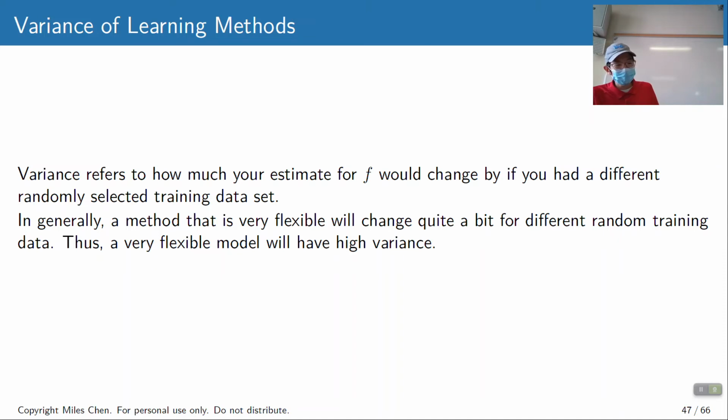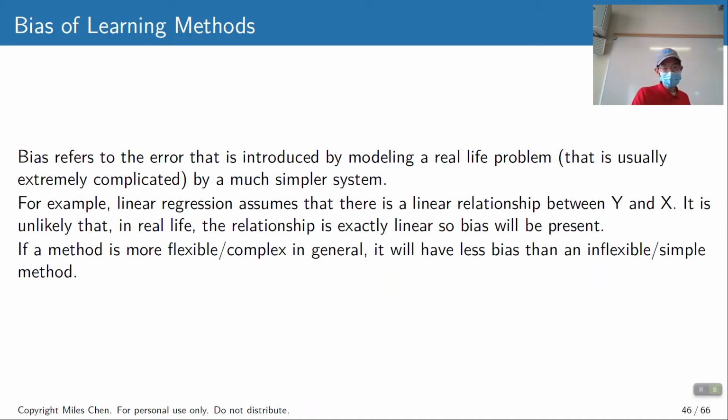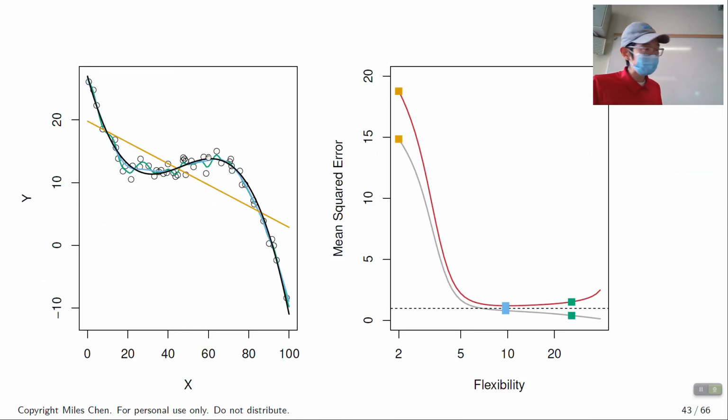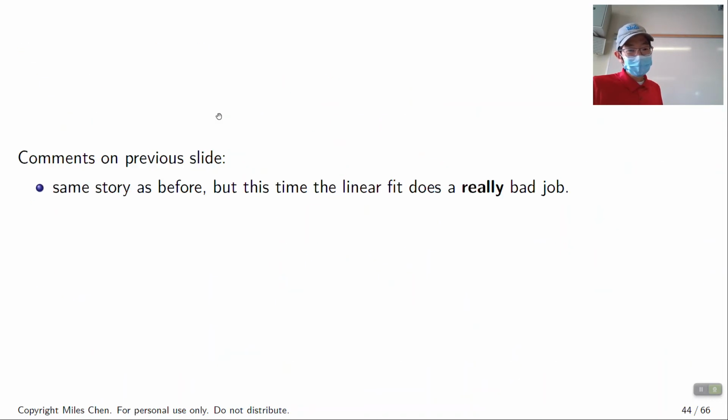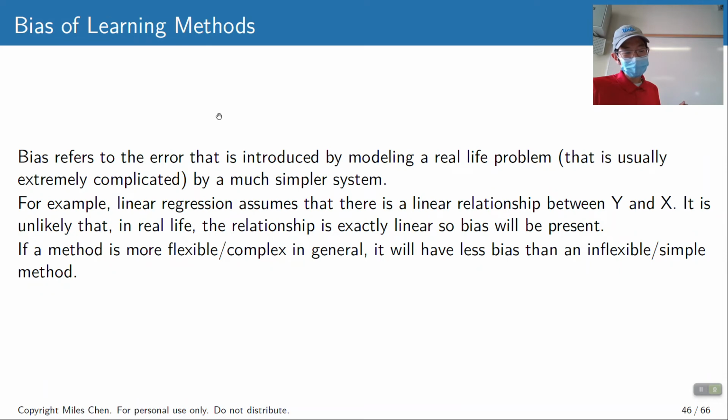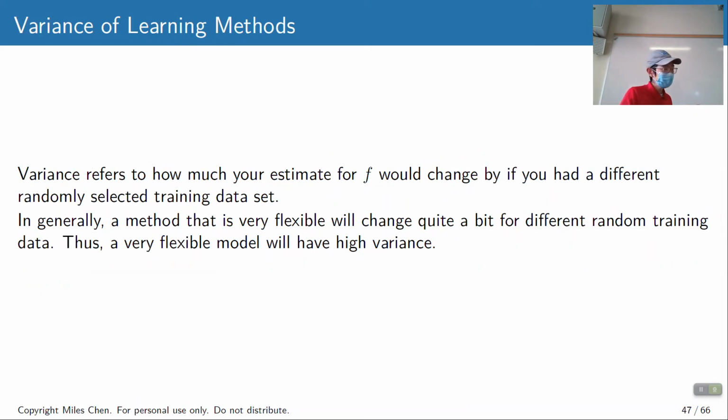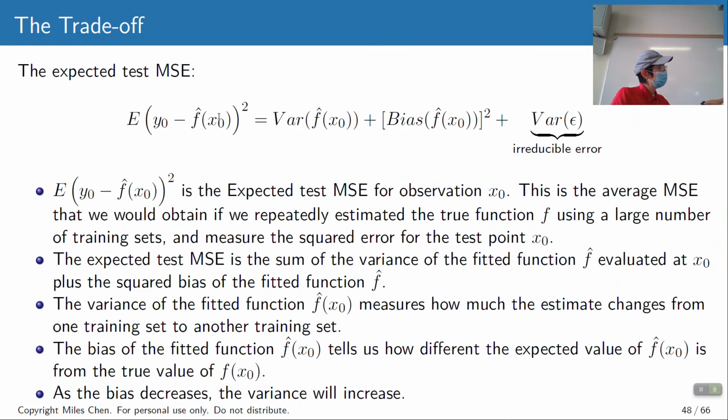On the other hand, if you have a very flexible model, like this green spline model that gets very wiggly, okay? How your model looks is probably going to differ quite a bit from someone else's if they have a different training set, okay? And that's the idea of variance. How much do the models vary from one training set to another, okay?